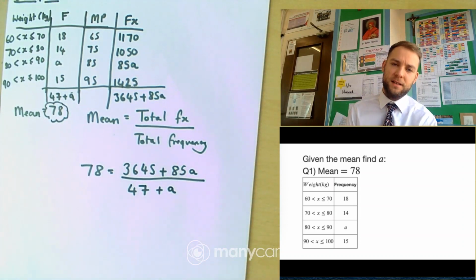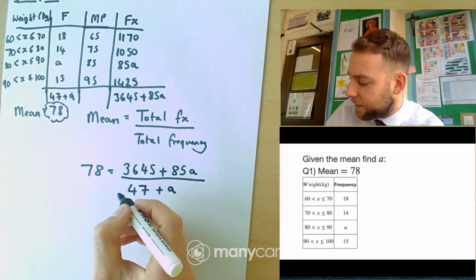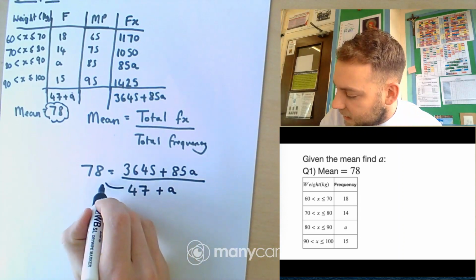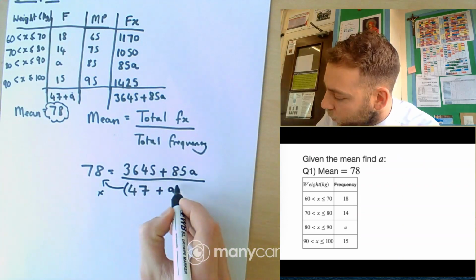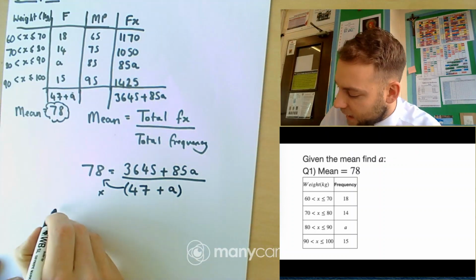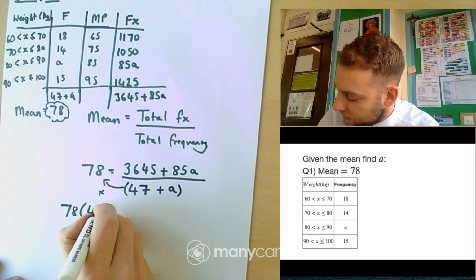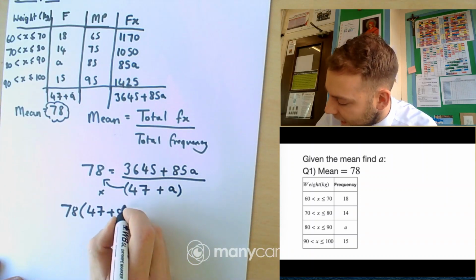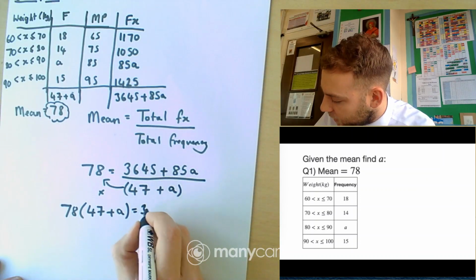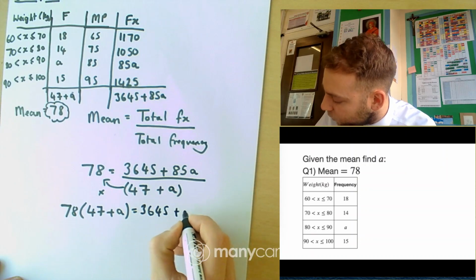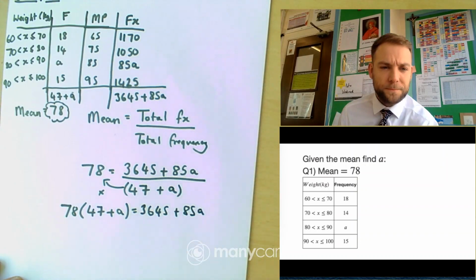And we've created an equation there. The first thing I'm going to need to do is get rid of this denominator, and we're going to do that by timesing all of this side by this. So I end up with 78 times by 47 plus a is equal to 3,645 plus 85a.